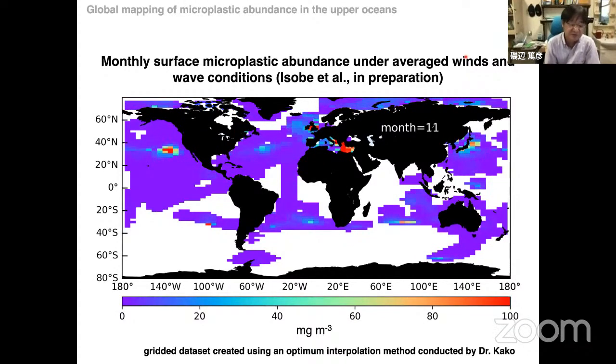Thereafter, the total particle count in the water column is returned to the surface concentration in the uppermost layer in each month. So we use the average wind speed and average wave height to compute the microplastic abundance in the layer in each month.